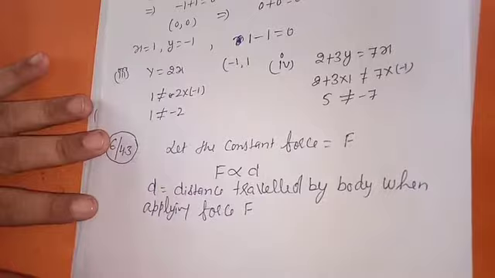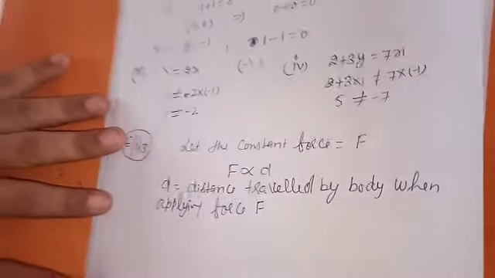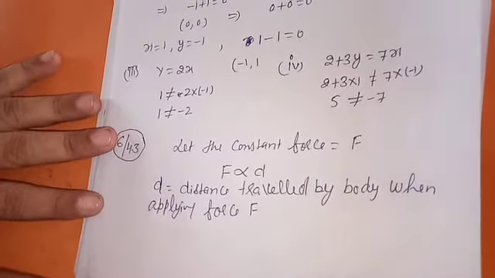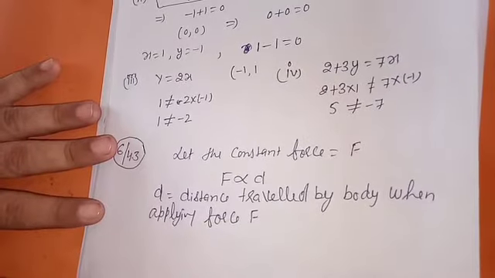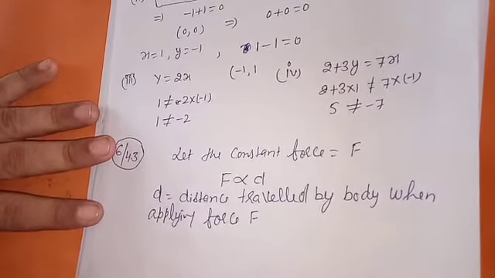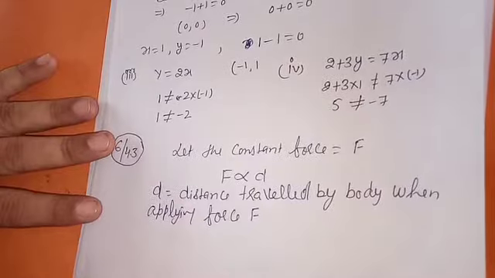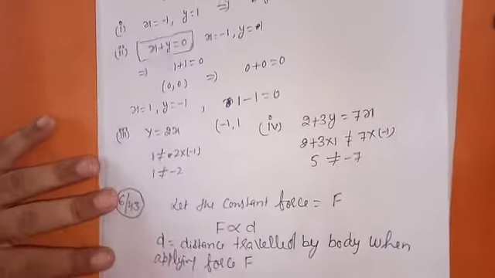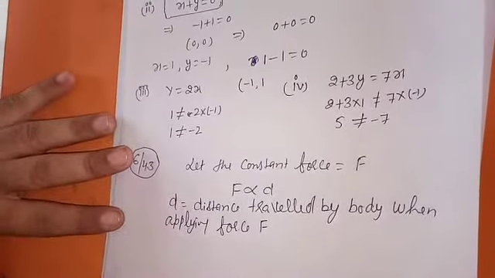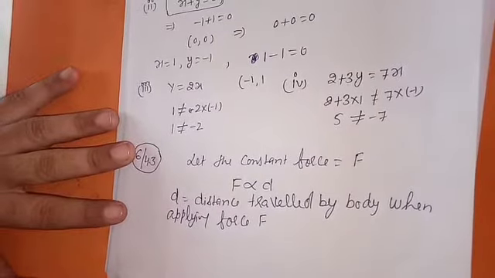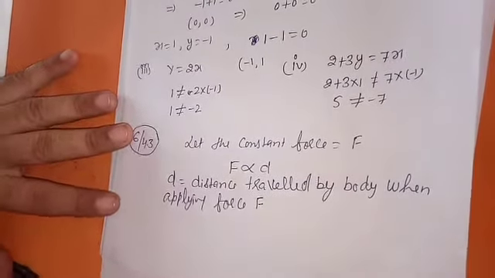Express this in the form of an equation in two variables and draw the graph of the same by taking the constant force as 5 units. Also read from the graph the work done and the distance traveled by the body, 2 units.